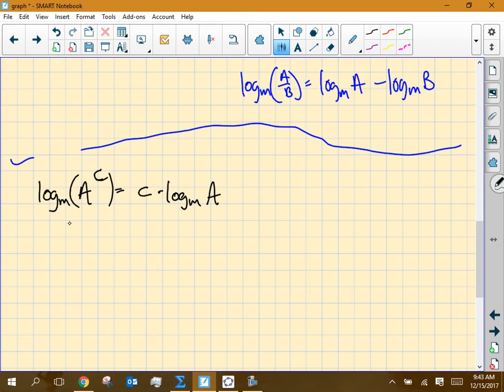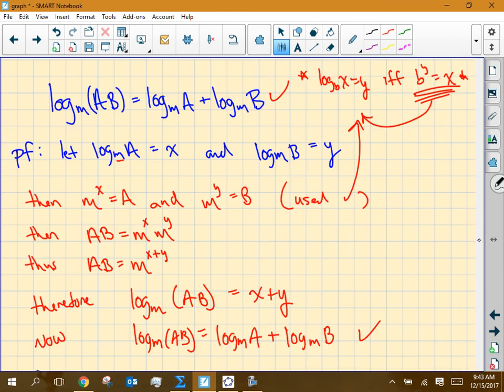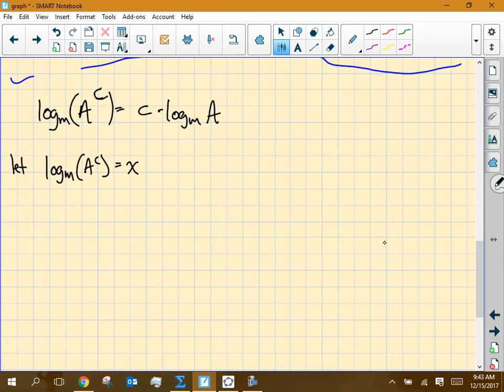But what we go through and we change this left-hand side. If I start with log base m of a raised to the c, that's going to be some number. So I'm going to let log base m of a to the c equal x. Okay? Now using the definition of a logarithm, we can say m raised to the x is equal to a raised to the c, right?